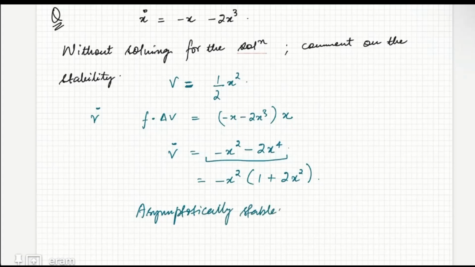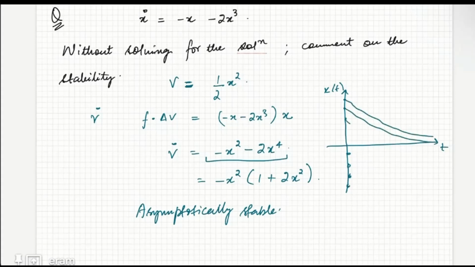It means that when we draw the solution x(t) with respect to time, whatever initial condition we start with, all will converge to 0 as t goes to infinity.